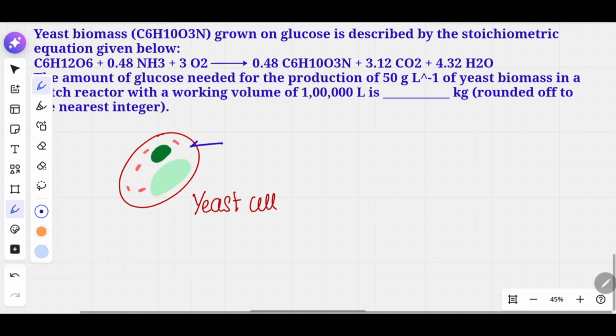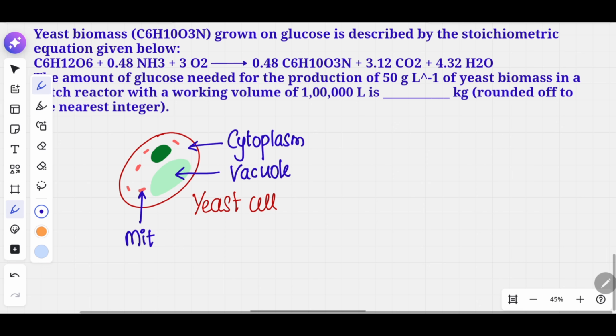This is a typical yeast cell that has the cytoplasm and it is having a vacuole, and these tiny elements are mitochondria.